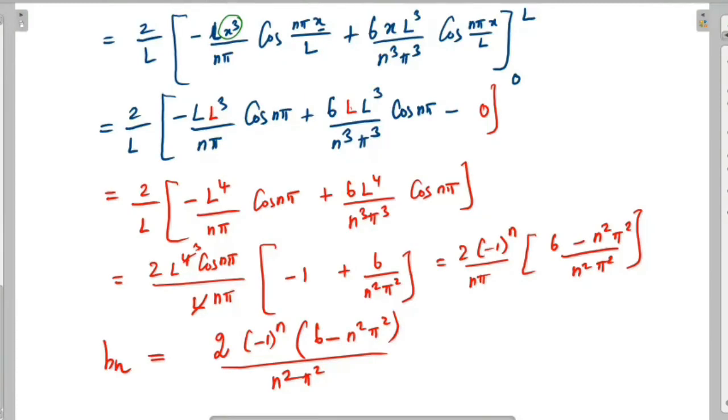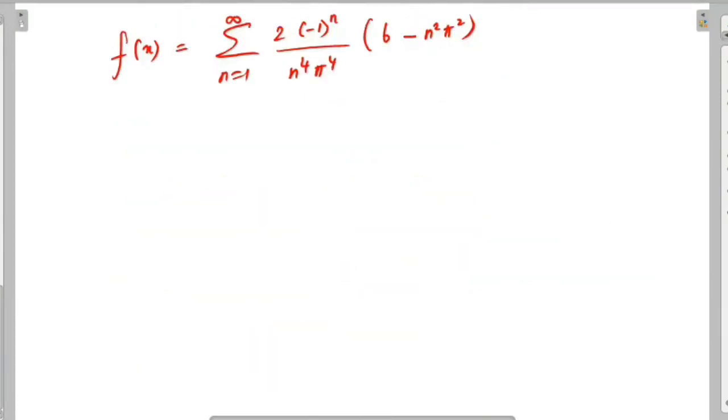So I have written correctly, into sine n pi x divided by L. So this is the half range Fourier sine series of f of x in the interval 0 to capital L. That's all.